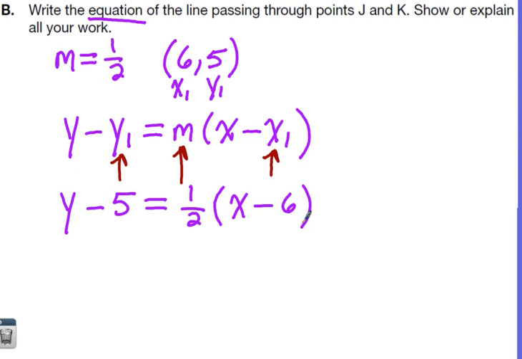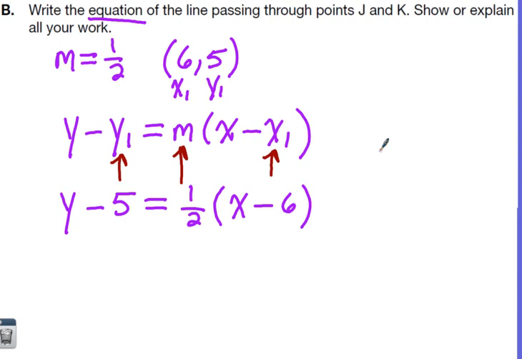Now you're probably wondering, what do I plug in for x and y? Nothing. X stays x, y stays y. So the only ingredients we're plugging in are for y1, m, and x1. All right, now let me talk about this really quick. Here's an interesting something to point out. They want the equation of the line.